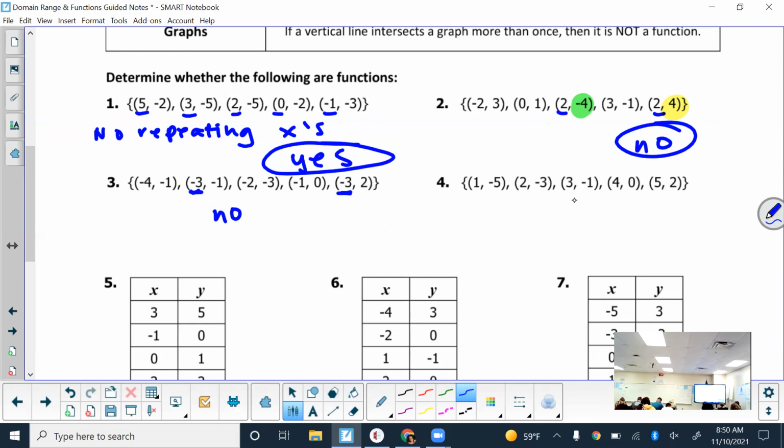Number 4, don't say it yet. Is number 4 a function? Yes. All right, so all of the x values are different, so we don't even need to look at the y's. You automatically know it's a function. Questions?